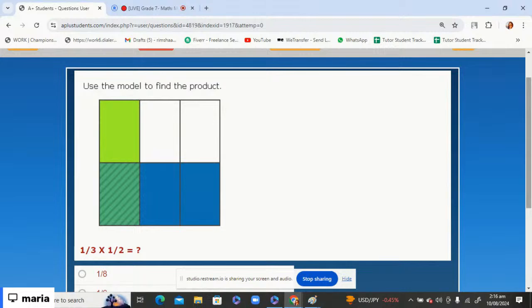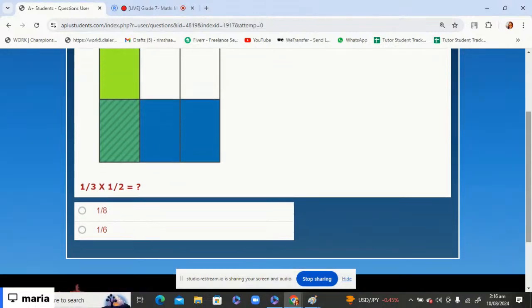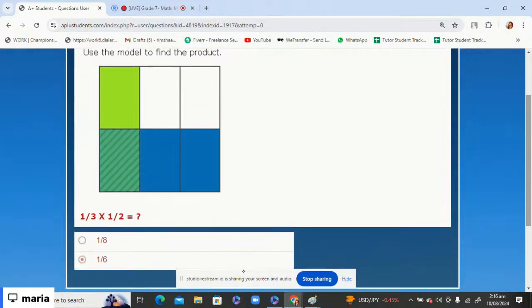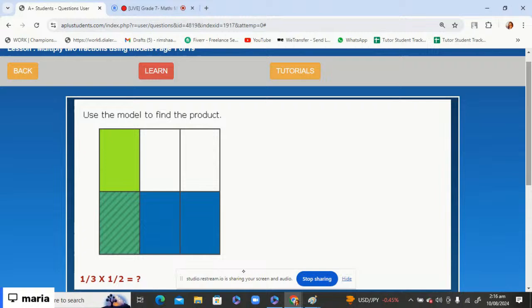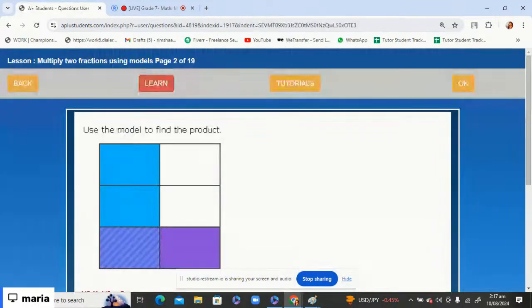So it's 1 by 3 times 1 by 2. So 1 times 1 is 1 and 3 times 2 is 6. Okay. So I just go with this one, 1 by 6. Let's check is this right or wrong. Yes, this is the right answer.